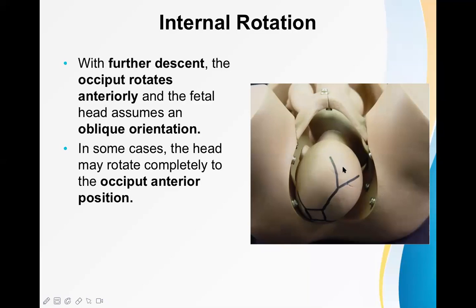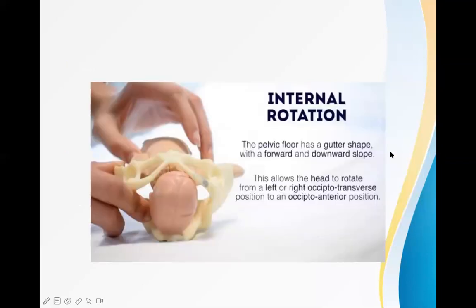Here is the occiput, and this is the symphysis pubis. So this occiput is going anteriorly because of the rotation. This is called internal rotation. This is a part of the mechanism of labor. So to summarize, the pelvic floor has a gutter shape with a forward and downward slope, and this allows the head to rotate from a left or right occiput transverse position to an occipito-anterior position. This is known as internal rotation.